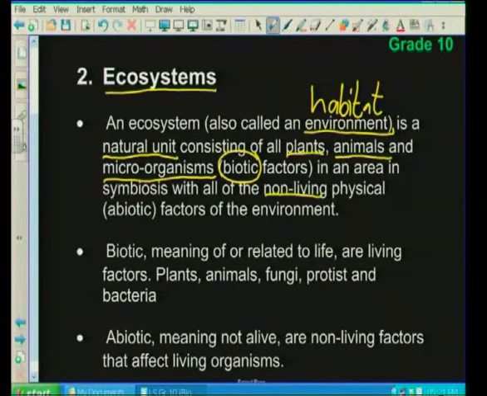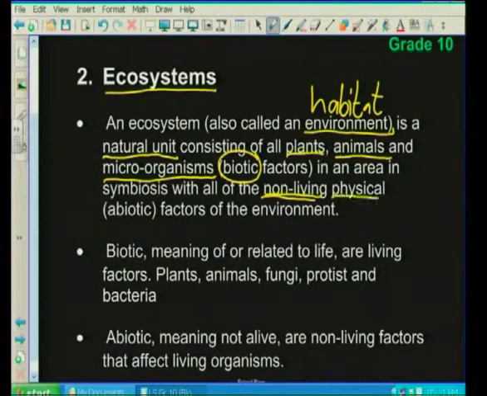Symbiosis means interaction. So there's an interaction, or living together, between the biotic, which is your plants, animals, and microorganisms, together with the non-living physical or abiotic factors of that environment. And remember, that is land, which is our lithosphere, air, atmosphere, and water.